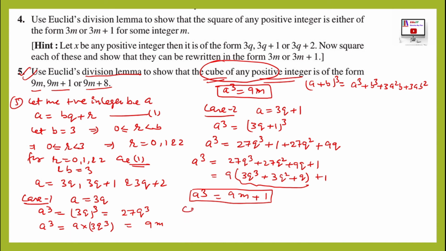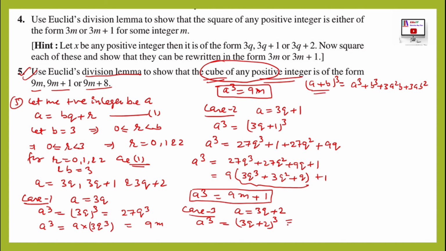Now in case 3 we will consider a is equal to 3q plus 2. So a is equal to 3q plus 2. Now a cube will be equal to (3q plus 2) cube. So let us solve this further. We will apply the algebraic identity again, (a plus b) cube, which we have written.